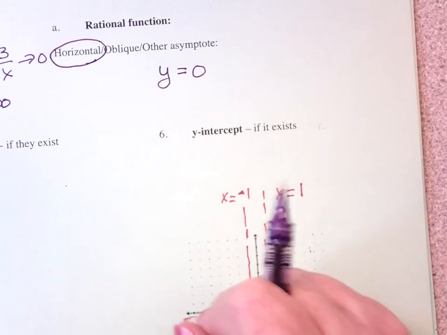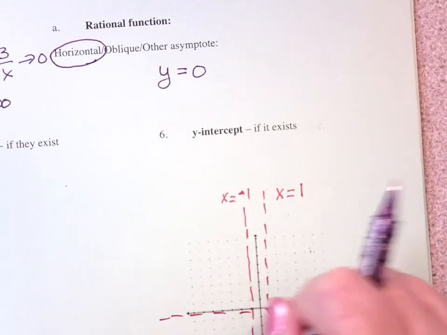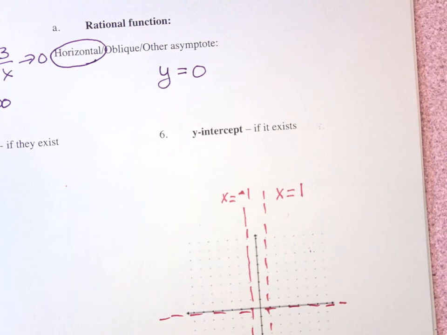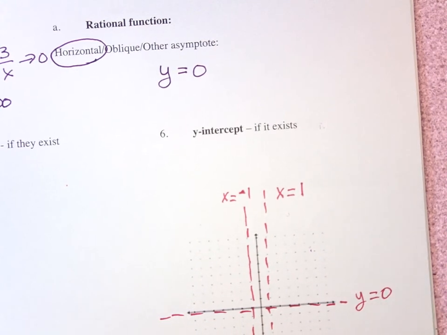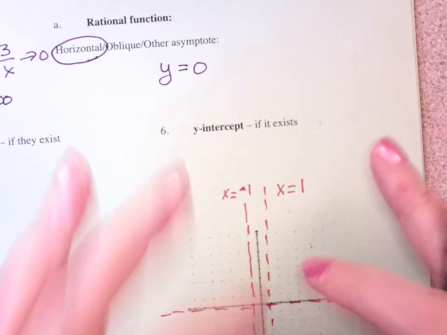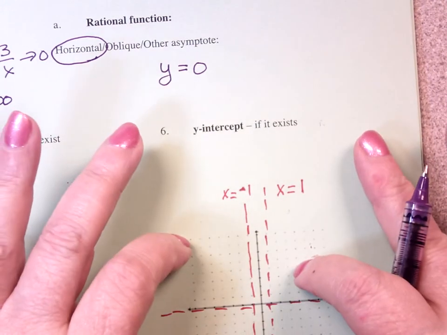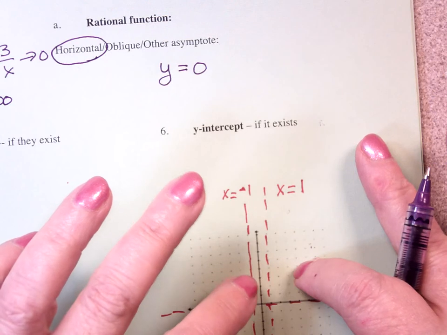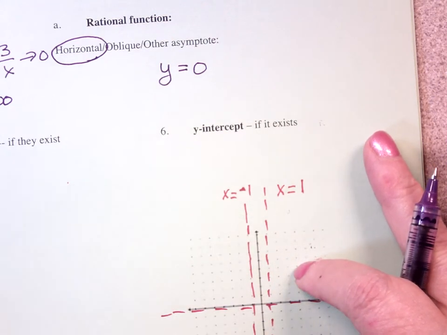And I know I have an HA at y equals 0. Now we know what the outside is going to look like, and the inside is either an S or a U. So I don't know yet what that is.